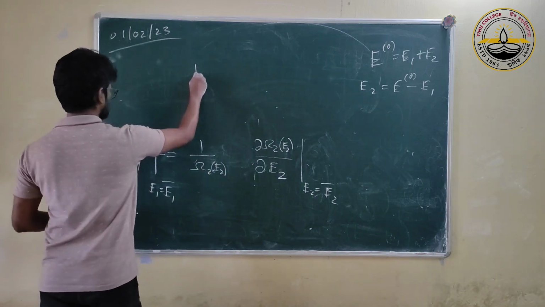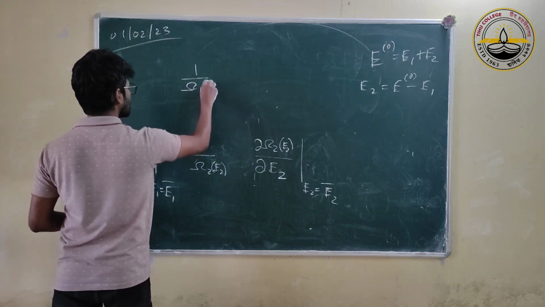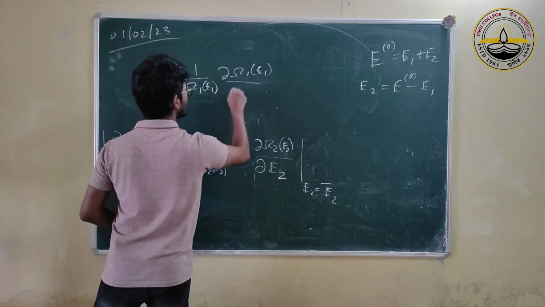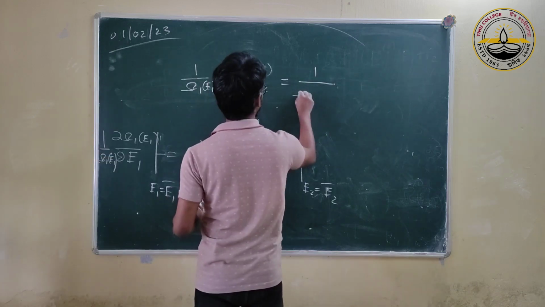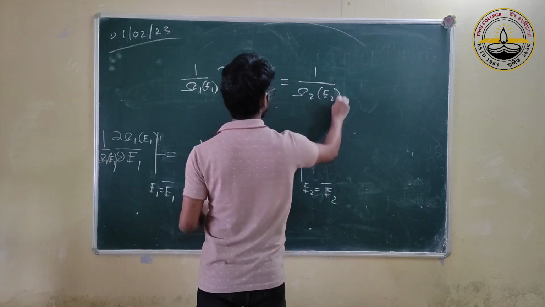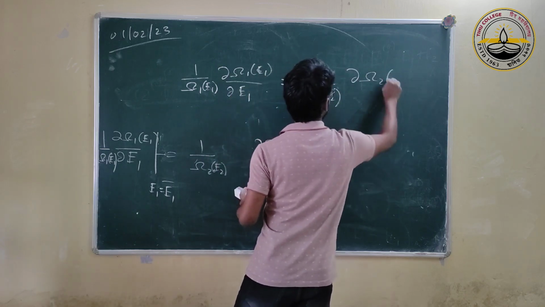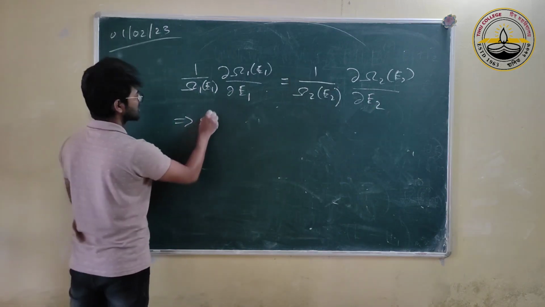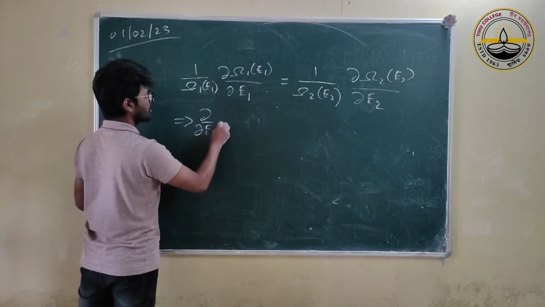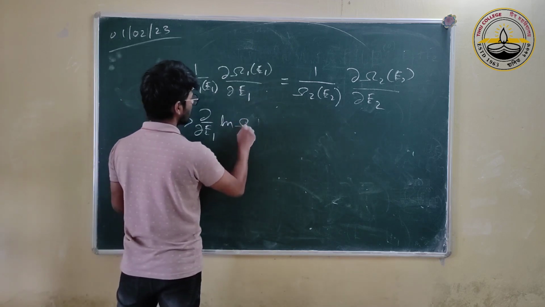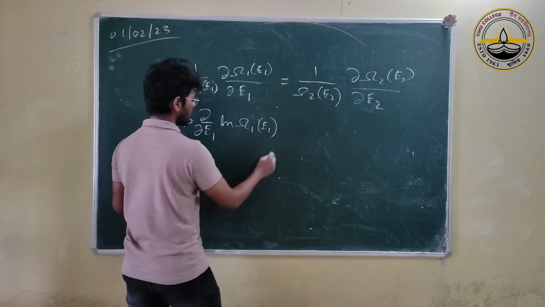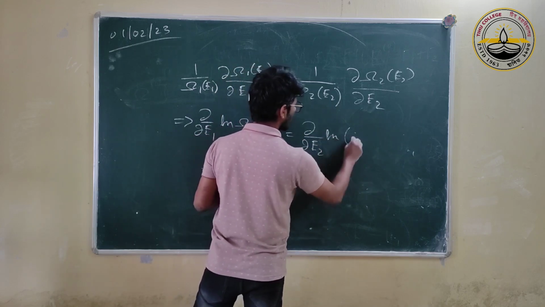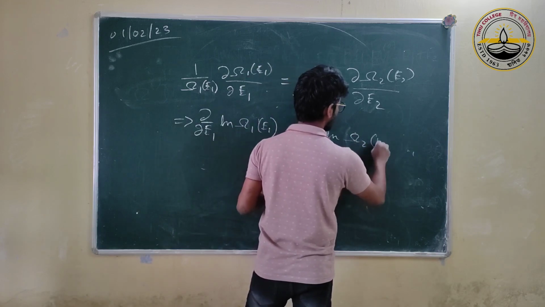So that means we have 1 over omega 1 E1 del omega 1 E1 by del E1, equal to 1 over omega 2 E2 del omega 2 E2 by del E2. This just means del E1 of log of omega 1 E1 equal to del E2 of log omega 2 E2.